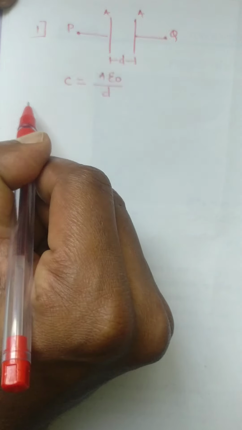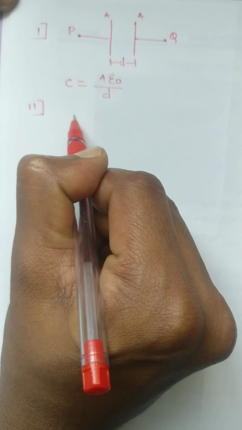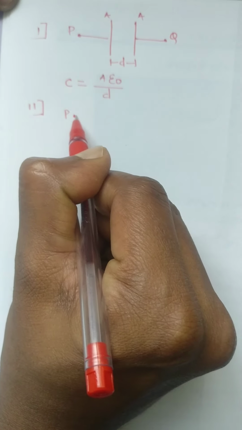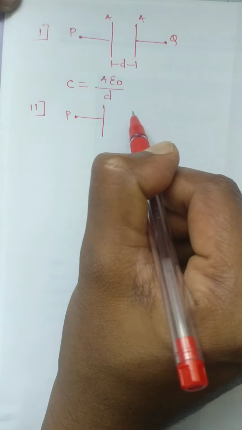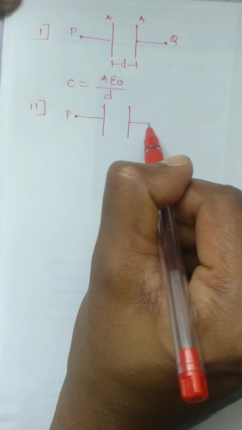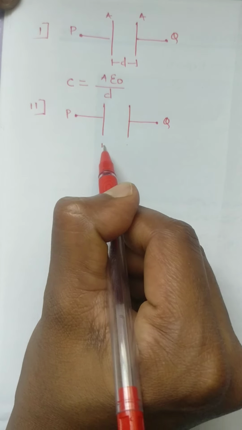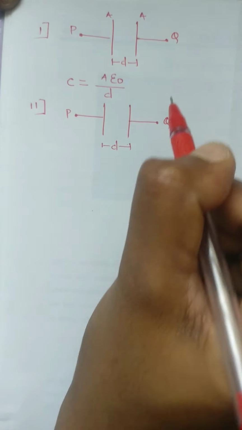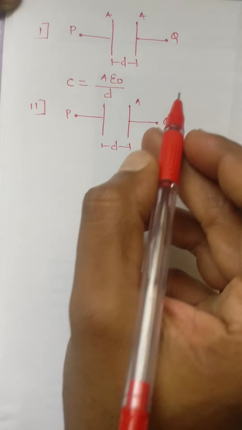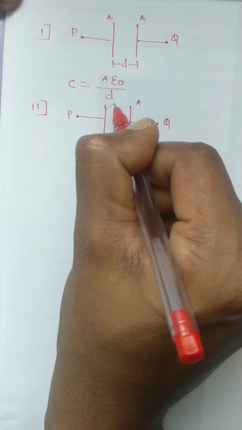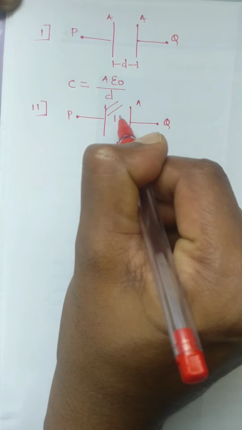Fine. Now, the second point is the same parallel plate capacitor between two points P and Q. The distance is D, and the area of each plate is A. Now we introduce a dielectric slab with dielectric constant K between the plates.